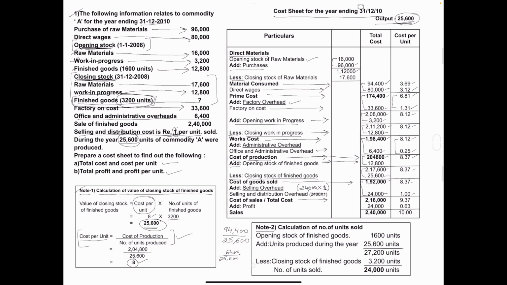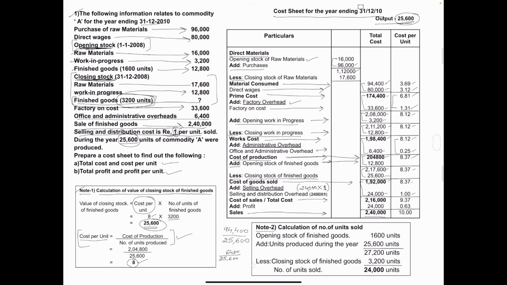Now we have to see in this problem what they have given. In every problem, either they will give you information related to sales or information related to profit. Any one they will give. In this problem, they have given information related to sales. Sale of finished goods is 2,40,000, means in this year they have made sales of rupees 2,40,000. So first we have to write the sales amount.